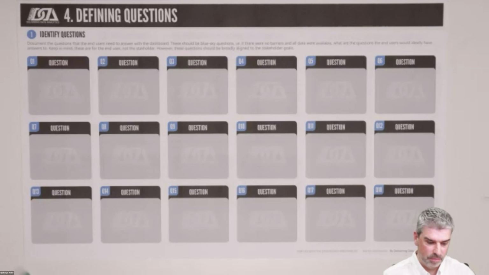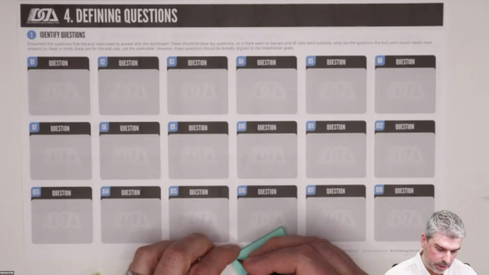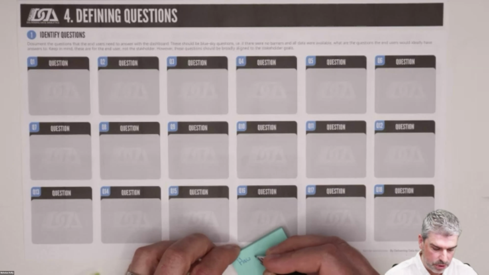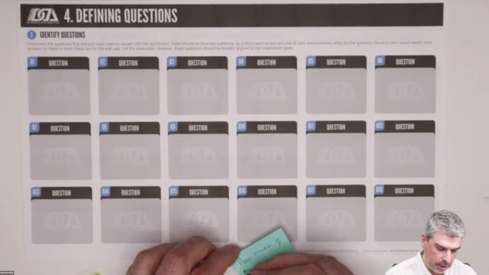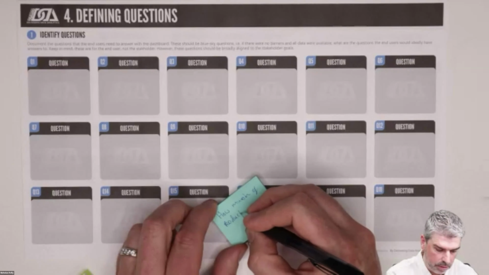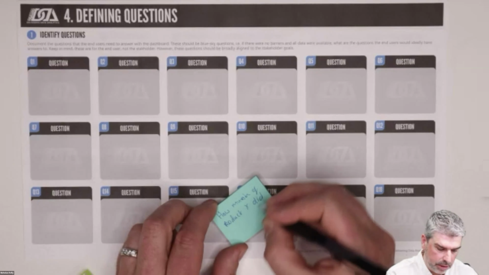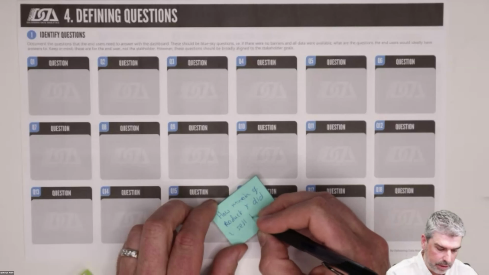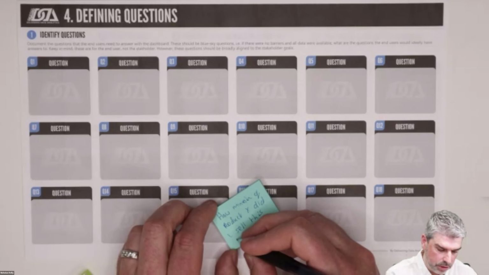So there's enough detail in there for a non-technical person to be able to convey it to a technical person, right? So let's pick one of these questions and just say, how many units of product X did I sell this, let's just say week to date.